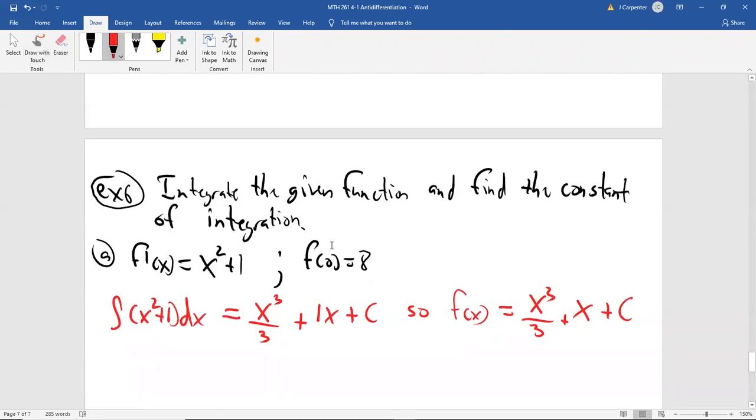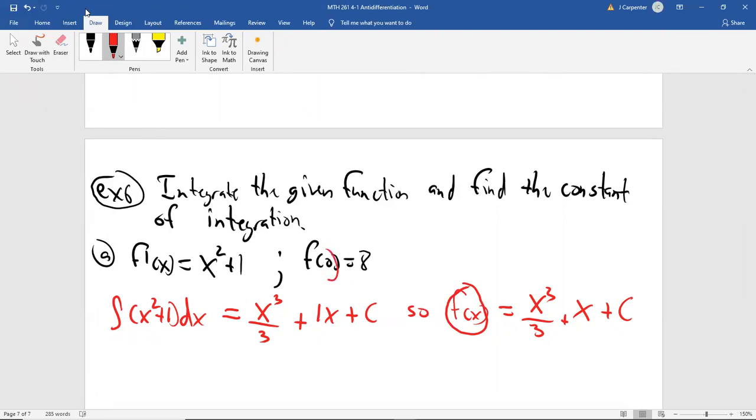So now all we do is we're going to use this initial condition and plug the 0 and the 8 in appropriate spaces. This is where the x goes, the 0. So the 0 is going to be the x's. Then the 8 is what the function turns into. So you're going to turn this into the 8 because we're actually showing that the function value is 8.